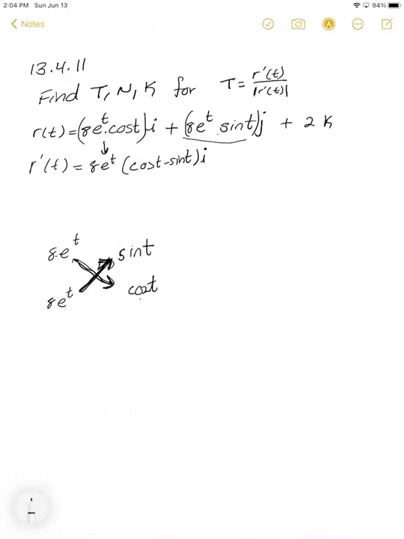Again, I multiply these two, put a plus sign, and then multiply this. Again, I can factor 8 e^t from both of them. And that's what's going to be the derivative of the j component, or rather the y component.